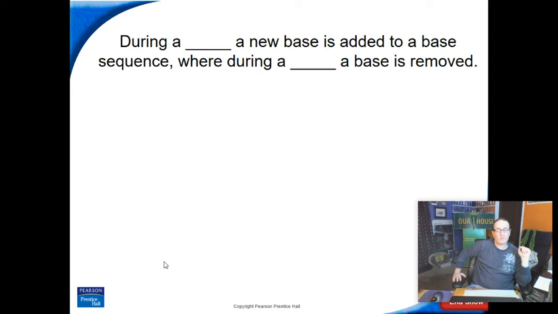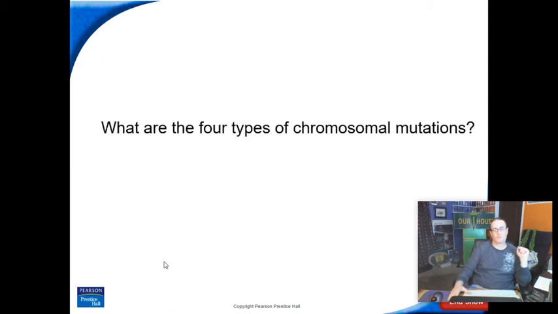When a base is removed, it is a deletion. What are the 4 types of chromosomal mutations? Take a look back at number 36. So we got deletions, duplications, inversions, translocations.